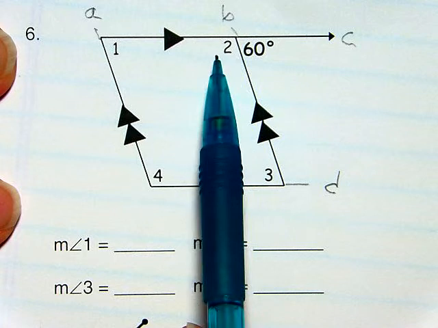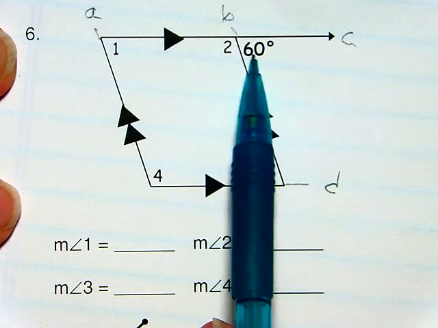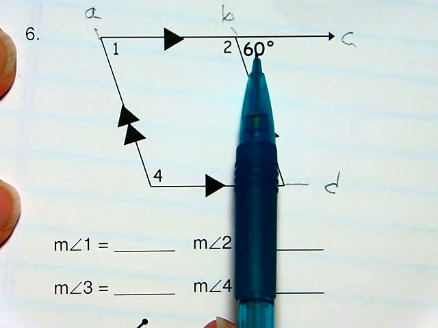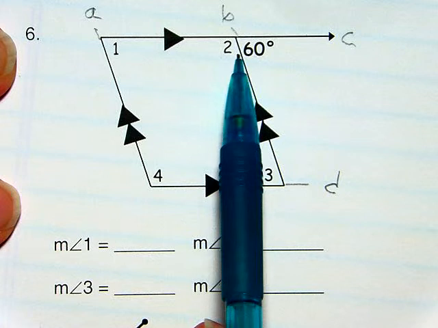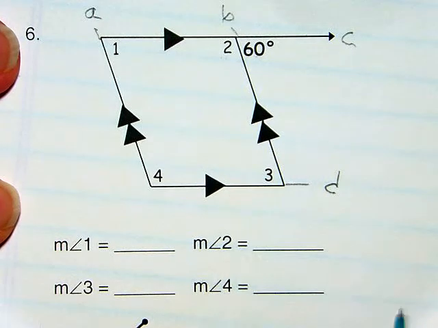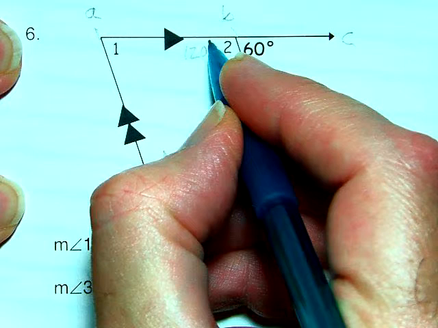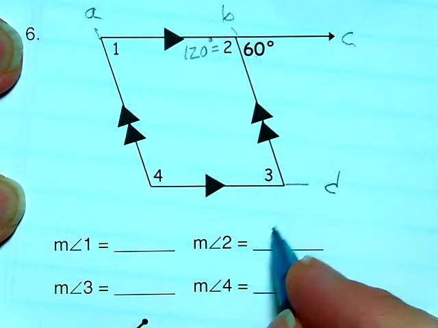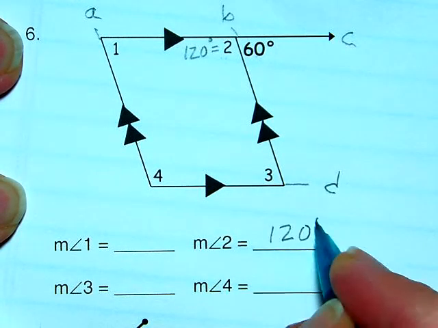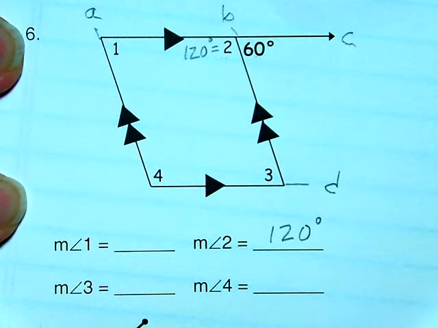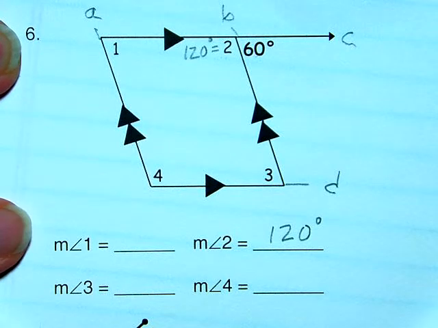I hope you see these two angles form a linear pair. 60 plus angle 2 have to add up to 180 degrees because they are a linear pair. And that immediately makes angle 2 equal to 120 degrees. So I can write measure of angle 2 is 120 degrees because I know that those are linear pairs. Doesn't matter that I didn't do it in order.